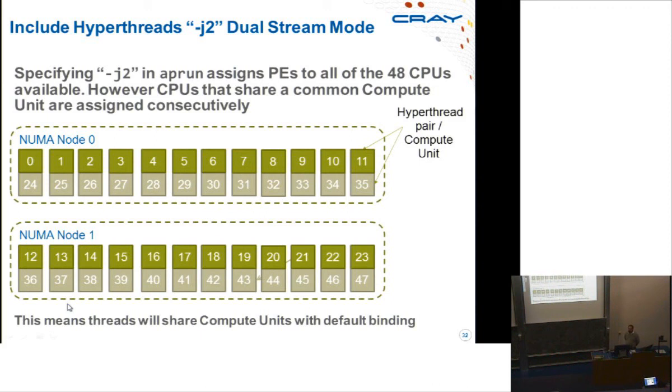No, I'm afraid I'm lost. Okay, so if I want to have an MPI process that spawns an extra thread using OpenMP, and I want that thread to be bound to the hyperthread pair CPU, do I need to do anything more clever than just doing aprun -d2?